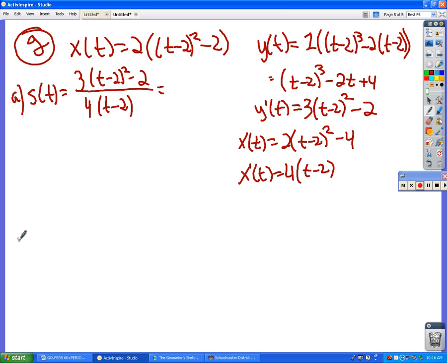Okay, so B, figure out P of 0. What is P? P is x of t comma y of t. So that means I have to figure out what x of 0 is. If I plug 0 into here, what do you get? I would get 4. If I plug 0 into this, what do I get?